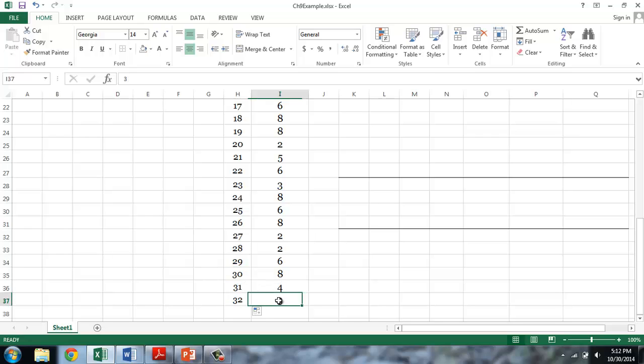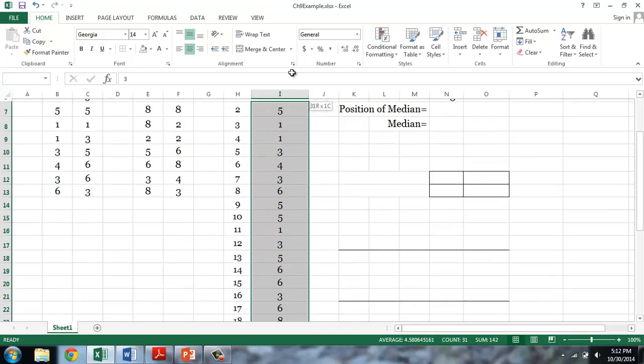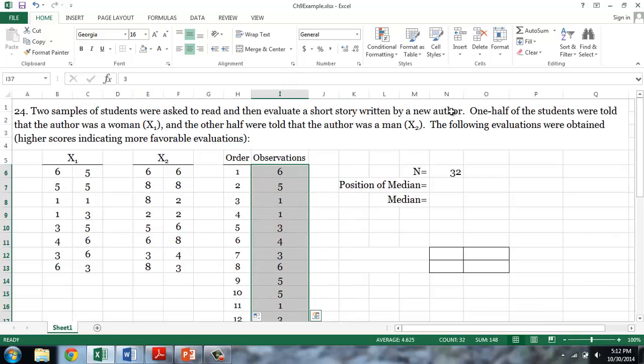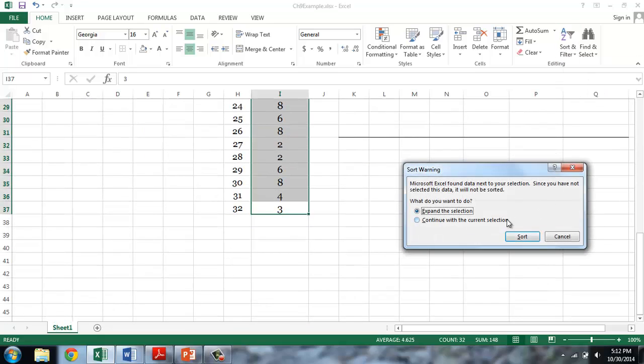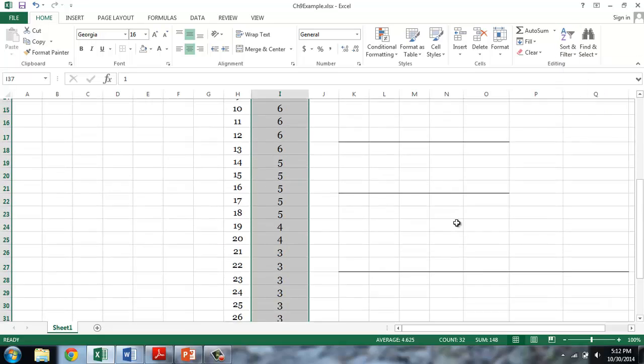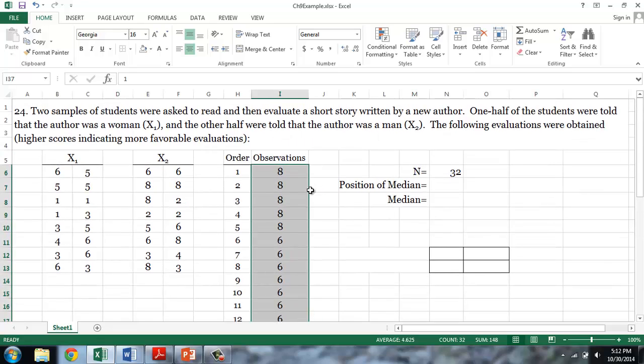The next step is to sort our data. So I'll highlight our observations, select sort and filter, and I'll sort from largest to smallest. Either way is fine.